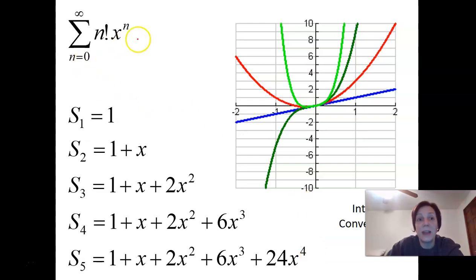Because as soon as you have an x anything bigger than 0, and you start adding terms in here, this factorial grows so quickly that it just diverges as soon as it leaves the center. So as you can see, when I graph these partial sums, they're all over the place. So this has an interval of convergence of one single number, and that is the center. That is the only place that these partial sum polynomials match what the actual function would look like.